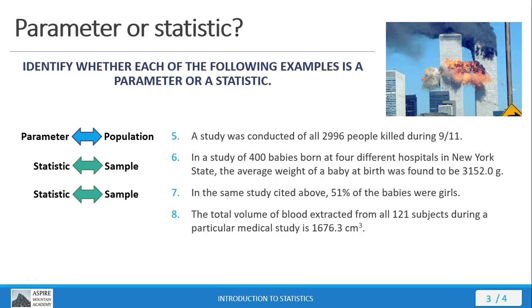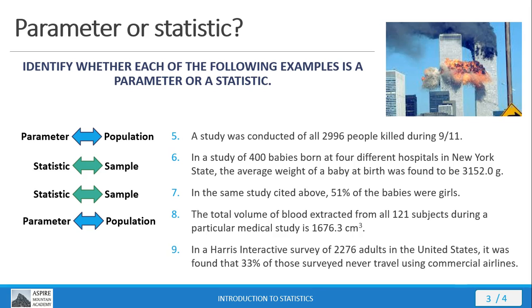Next up, the total volume of blood extracted from all 121 subjects during a particular medical study is 1,676.3 cubic centimeters. Parameter or statistic? Well, this one's another freebie because of the clue, all 121 subjects. This is a population, and so the data value is a parameter.